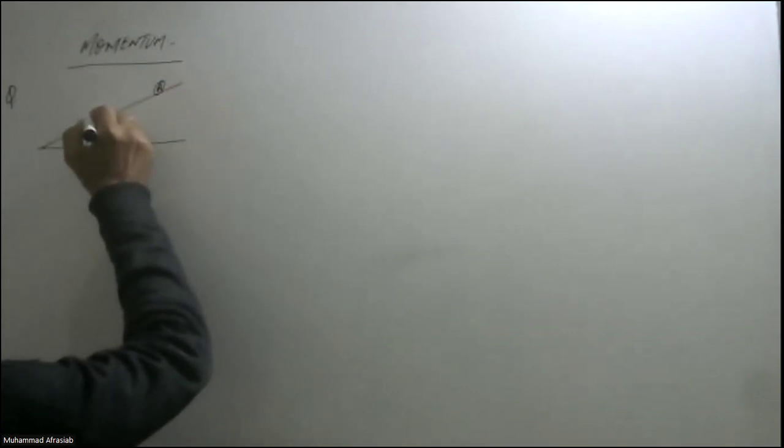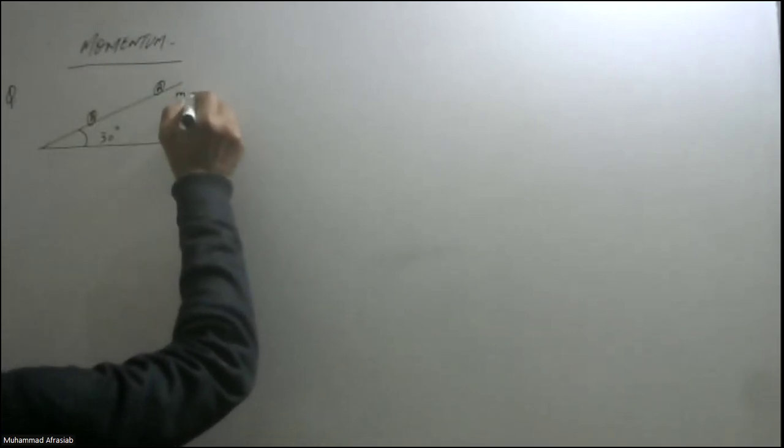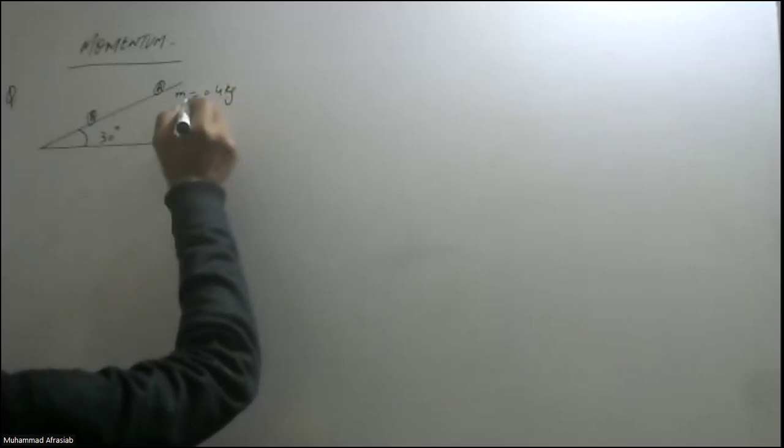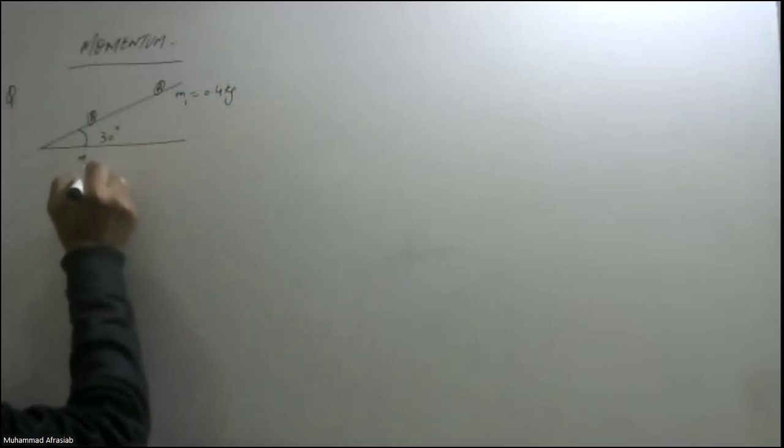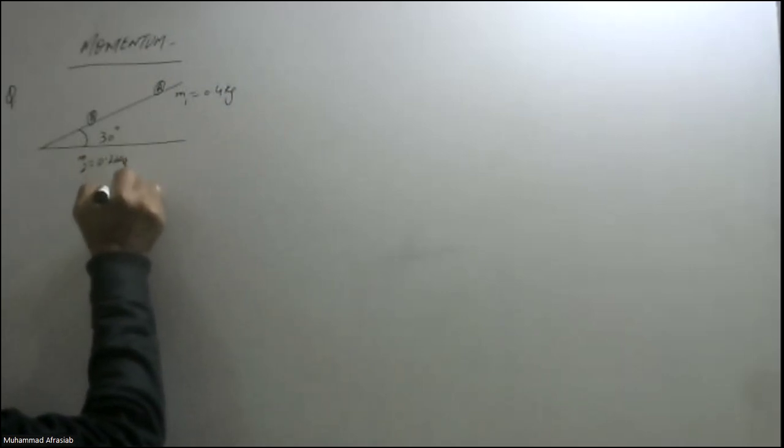So in this question, they are asking about two particles A and B on a smooth plane making a 30-degree angle with the horizontal. Particle A is higher than B. Its mass is 0.4 kg, and the mass of B is 0.2 kg.